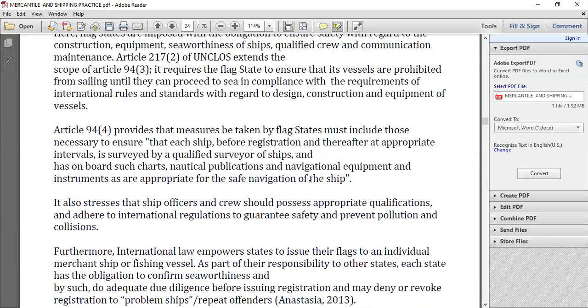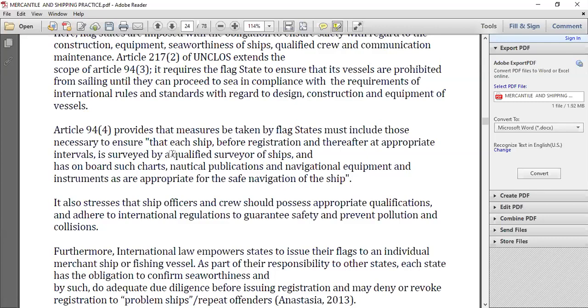Then Article 94.4 provides that measures taken by the flag state must include those necessary to ensure that each ship, before registration and thereafter at appropriate intervals, is surveyed by qualified surveyors of ships.